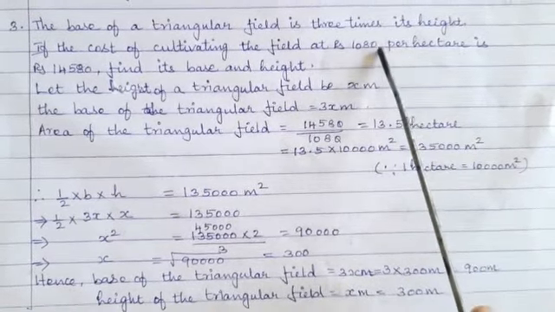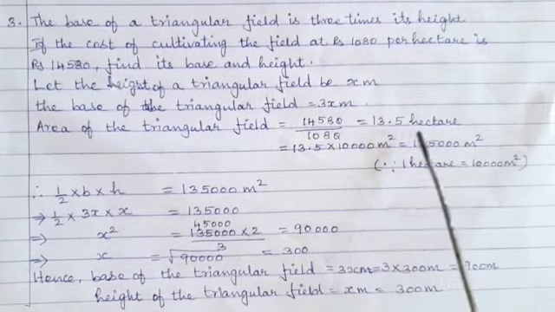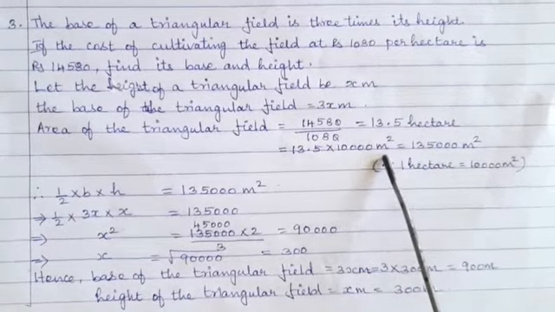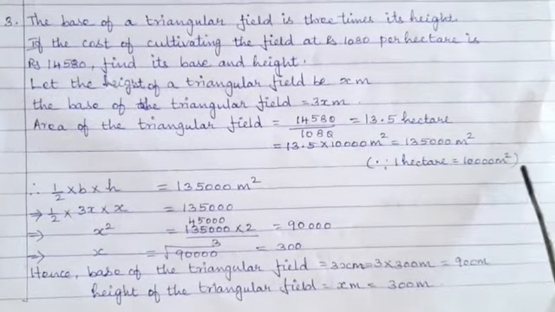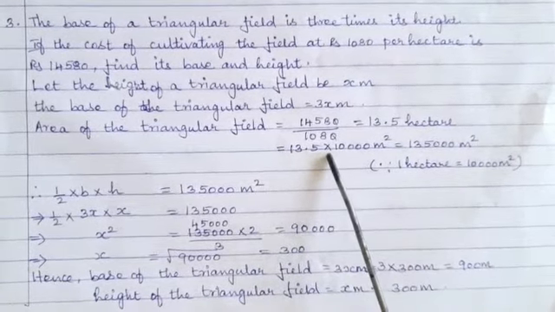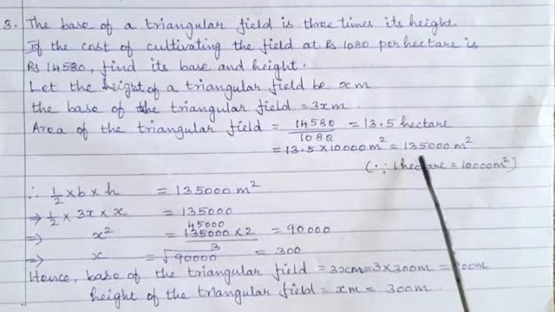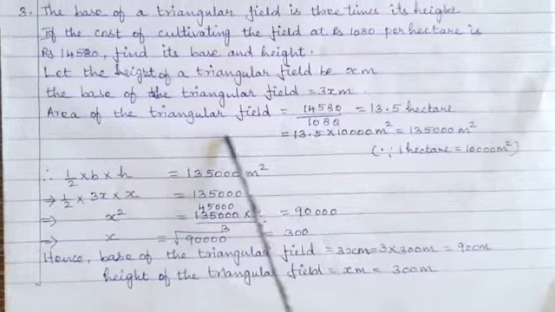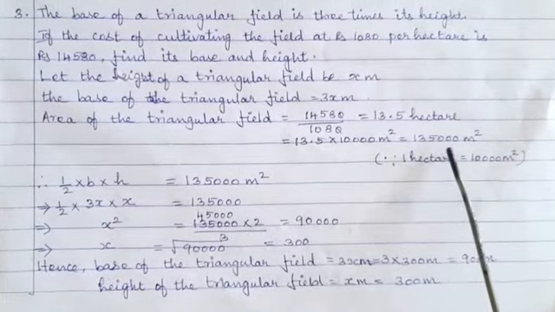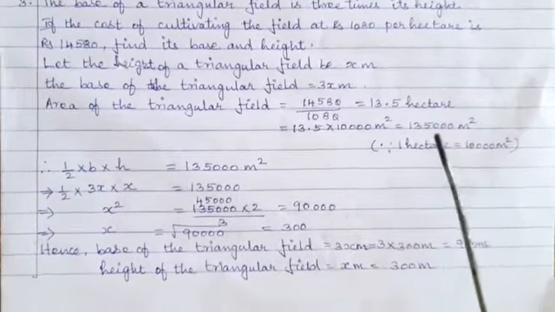Because per hectare cost is given, our answer will be in hectare. After that, we are converting into meter squared. 1 hectare equal to 10,000 meter squared. So 13.5 into 10,000 meter squared equal to 1,35,000 meter squared. So the area of a triangular field is now 1,35,000 meter squared.